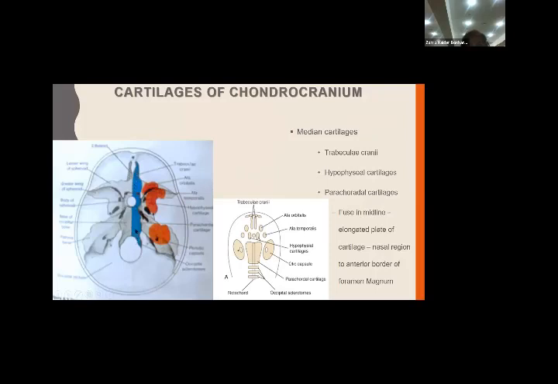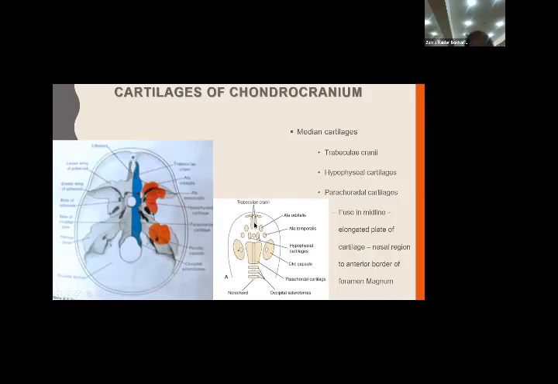Of the median cartilages, what will there be? Trabecular cranii, hypophyseal cartilage, and parachordal cartilage. These cartilages fuse in the midline and make up a long midline plate of cartilages.